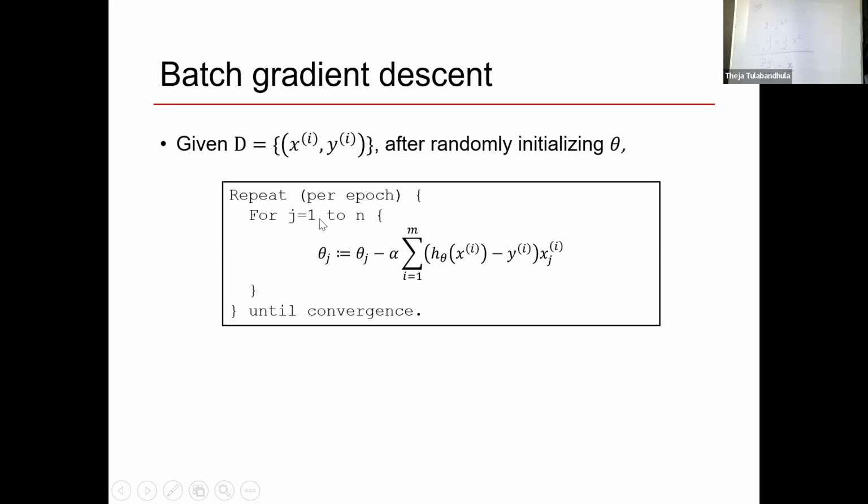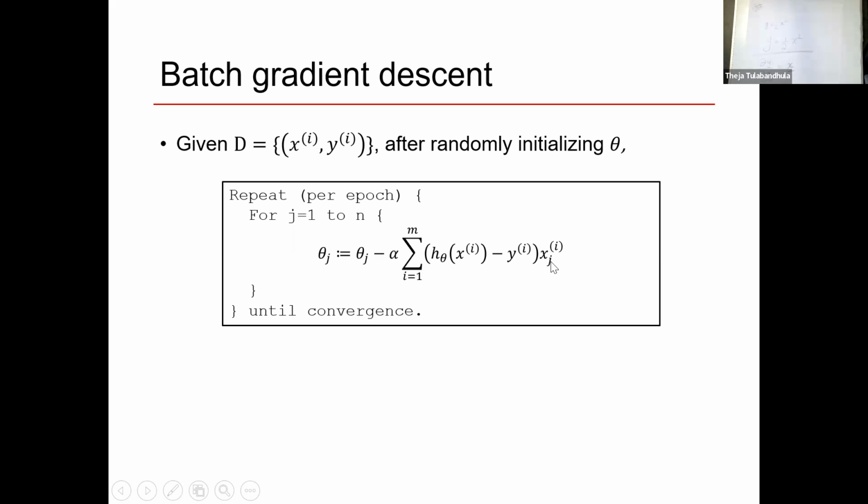If there is a 4-dimensional theta, then you have a for loop saying that for each dimension, do an update. That update is: the jth dimension gets a new value, which is the old value minus the learning rate times the summation, which comes up because now the data set has m points, and this is exactly the gradient that we saw before. The jth coordinate is only affected by xj.